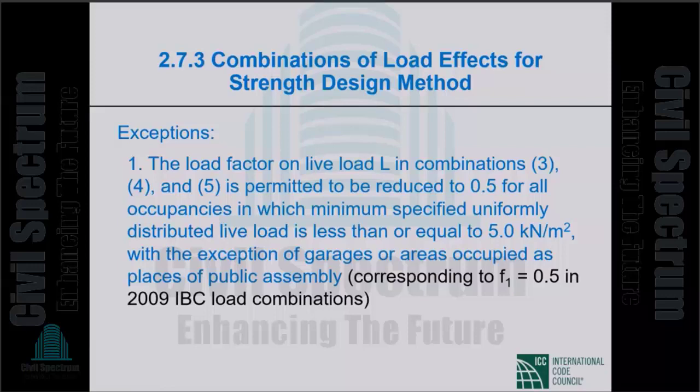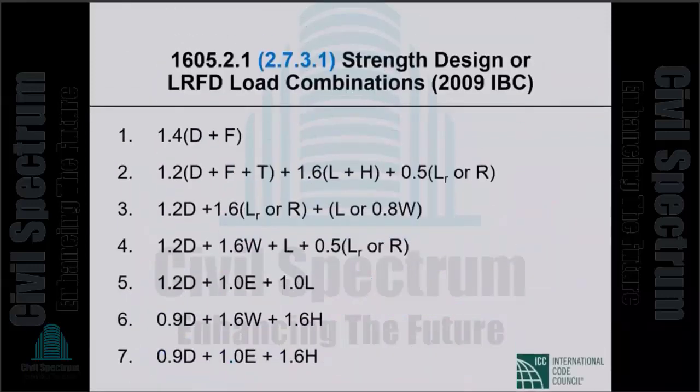The load factor on live load. So what we are saying is, in the load combinations, the live load factor here is 1.0. Most of the time that 1.0 can be taken as 0.5, except in 3 cases.